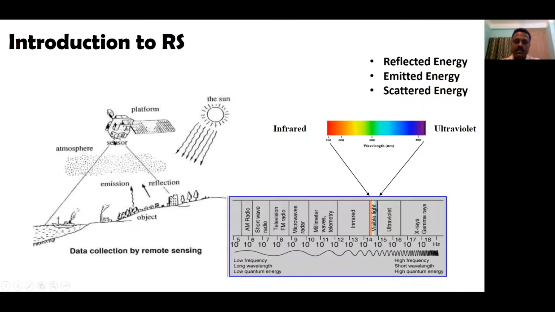These sensors are similar to the sensors that we normally have in a camera. So these sensors actually capture information from the surface of the earth or from the atmosphere itself.